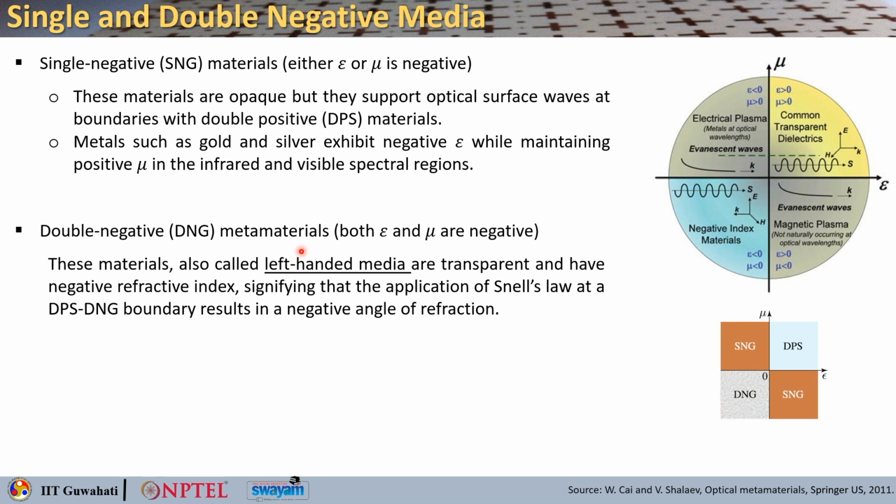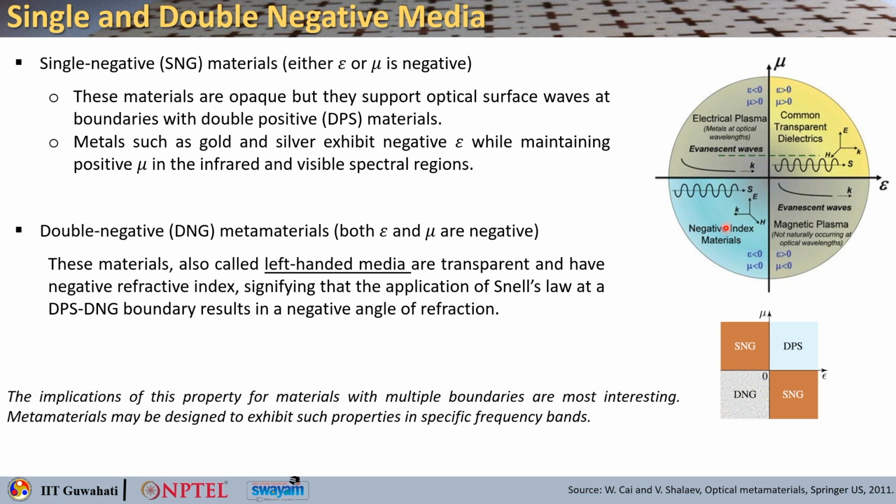DNG means double negative metamaterial, where both permittivity and permeability are negative. These materials are also called left-handed media, and they are transparent. Transparent means they allow wave propagation, and they have a refractive index, but a negative refractive index. So Snell's law applied at a double positive and double negative interface gives you a negative angle of refraction.